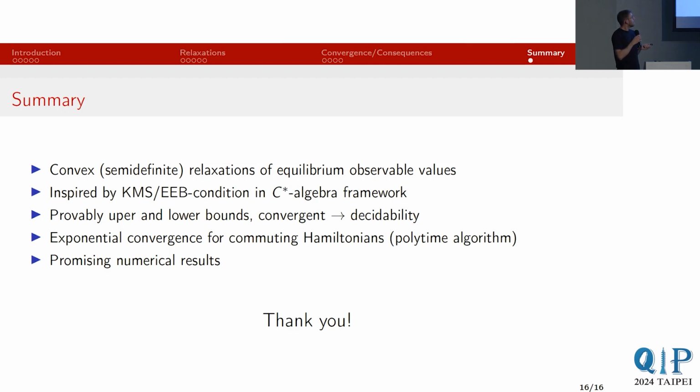We have upper and lower bounds, and using these bounds and the convergence proof, we get some decidability results about general thermal states that were not known before. And in particular scenarios, you can even prove efficient algorithms. Yeah, and we have some numerical results, so you can try to tweak these hierarchies, add some constraints, prove more stuff. So there's still a lot to do, and I thank you for your attention.